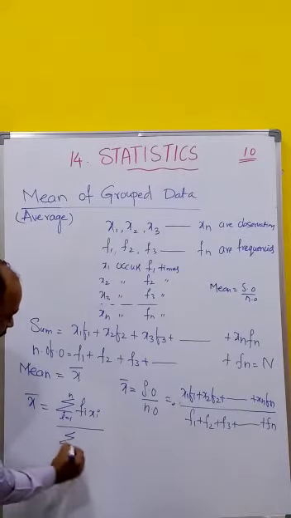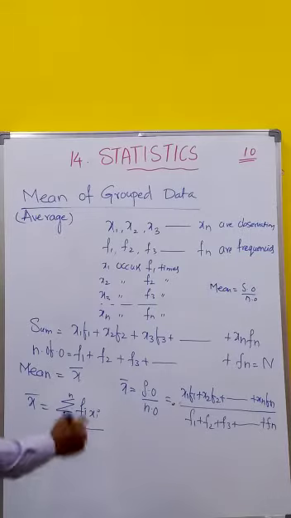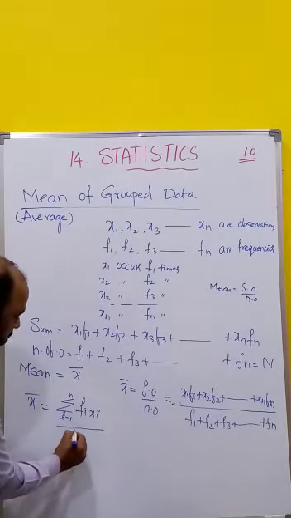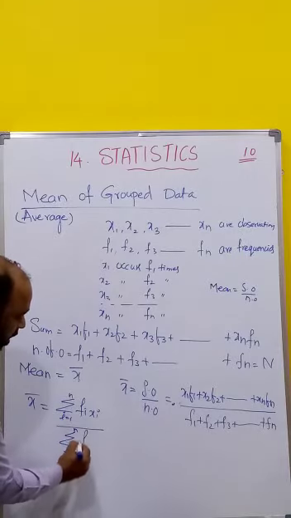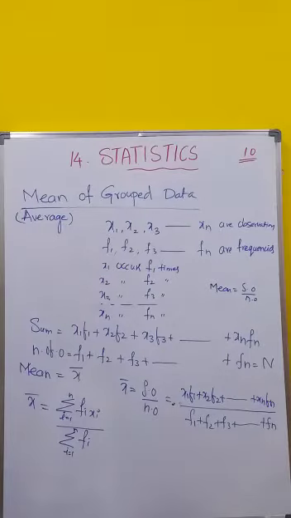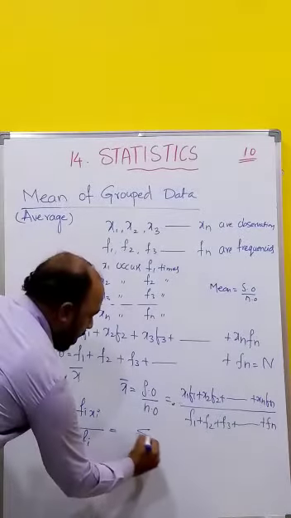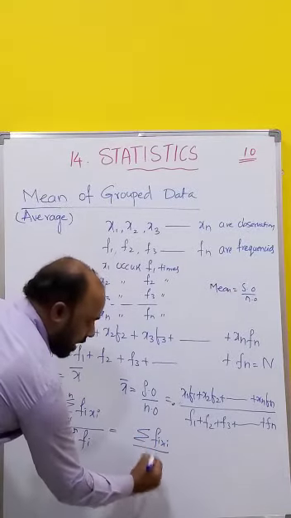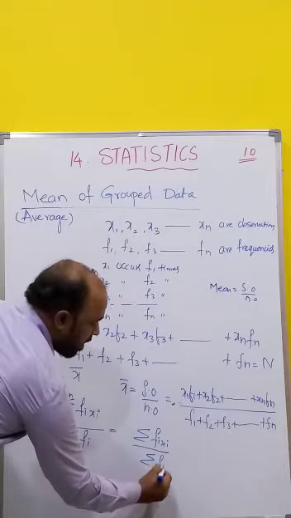That is sigma fi, i equal to 1 to n, because we only have f terms in the frequencies. Still, we can write the short form as sigma fi xi by n, or by sigma fi.